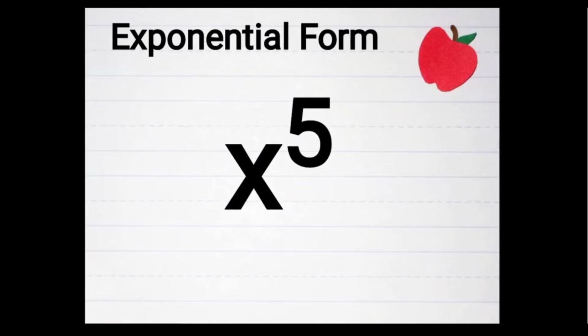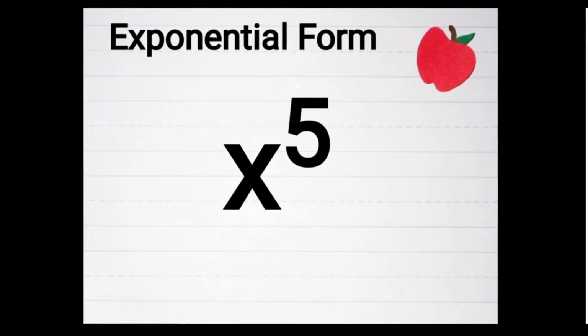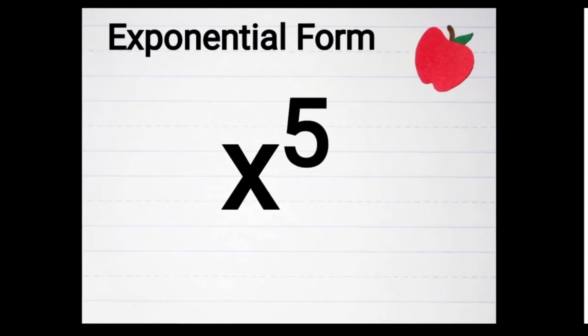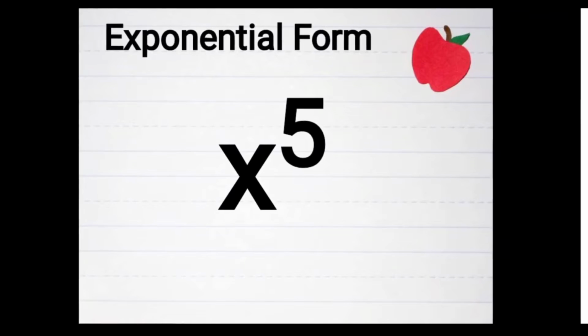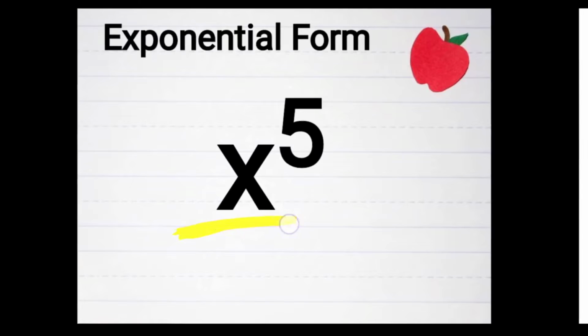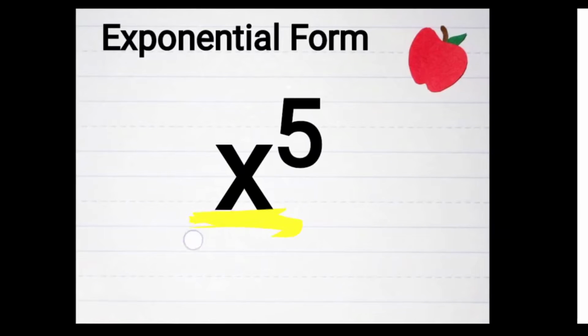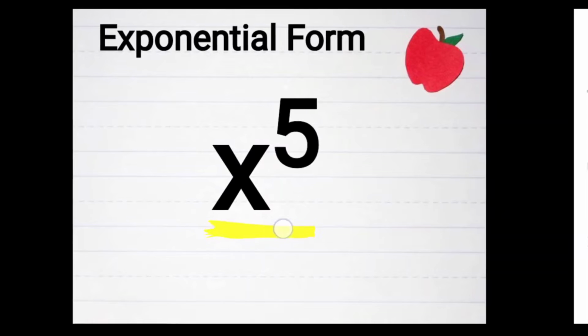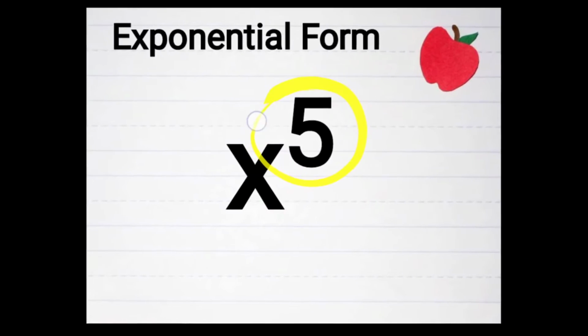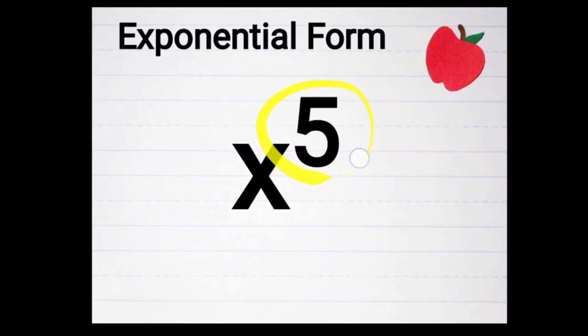Like for example, we have x raised to the fifth power. Okay, so we all know that it is an algebraic expression because of the variable x. Then it is in exponential form because we have here this superscript.